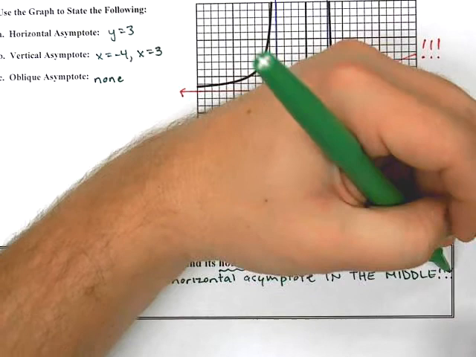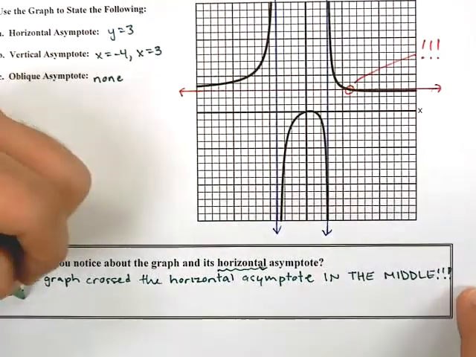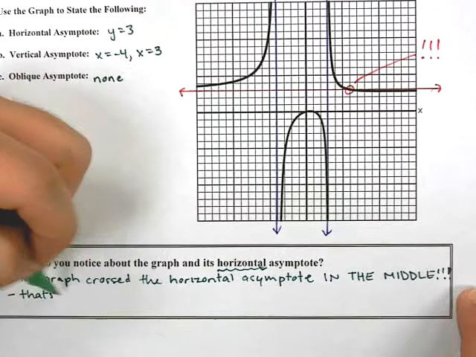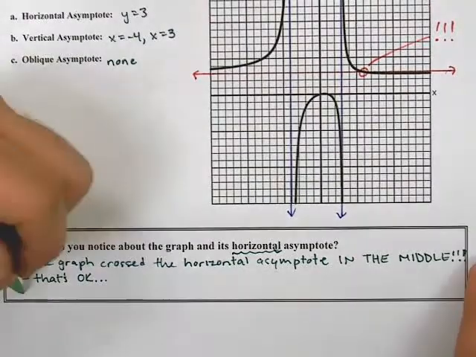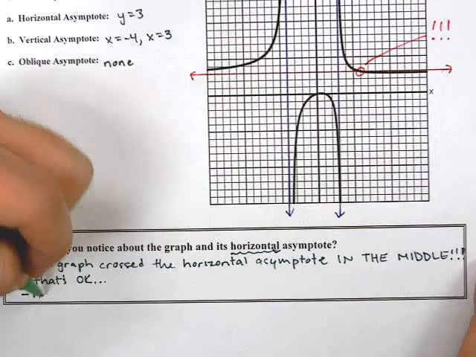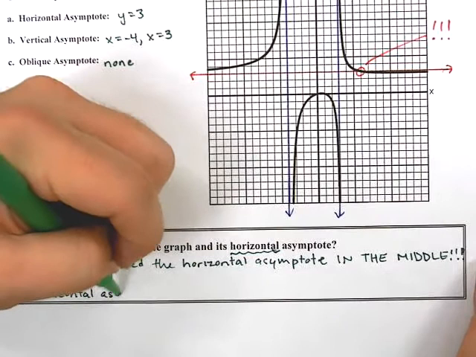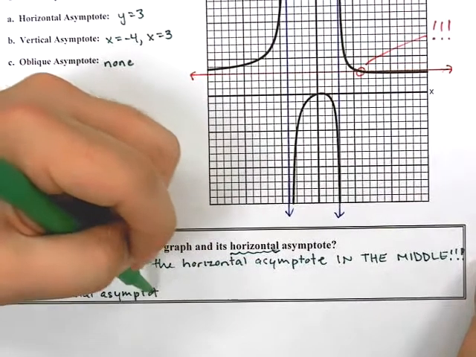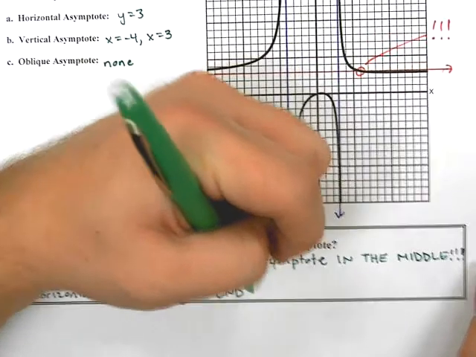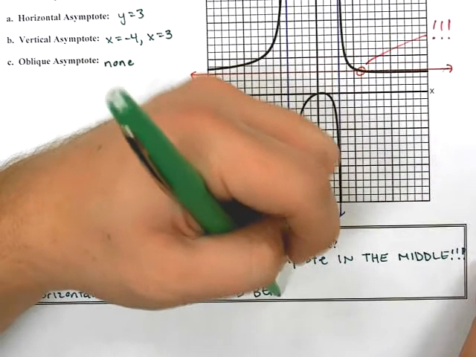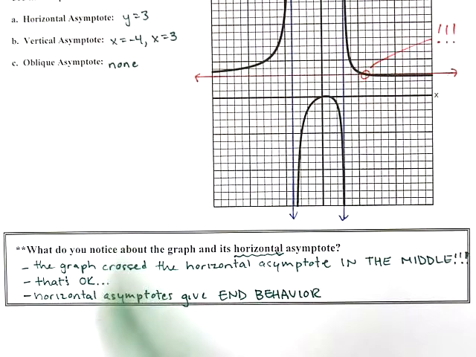Alright? It crossed it in the middle. To that I say, that's okay. And my final response is, horizontal asymptotes give end behavior, or like super far away from the center of our graph.